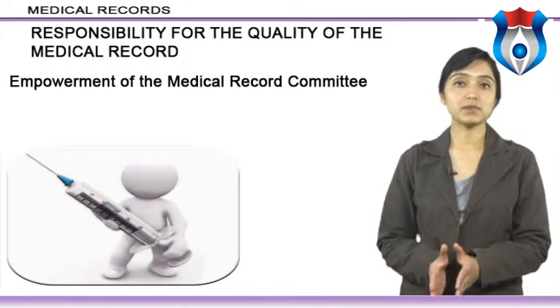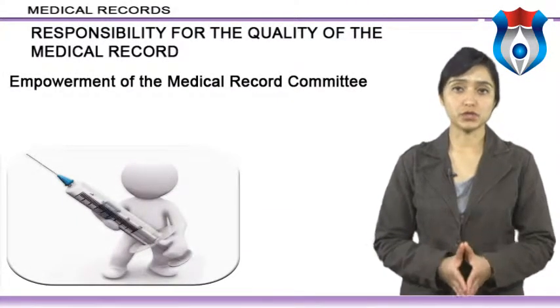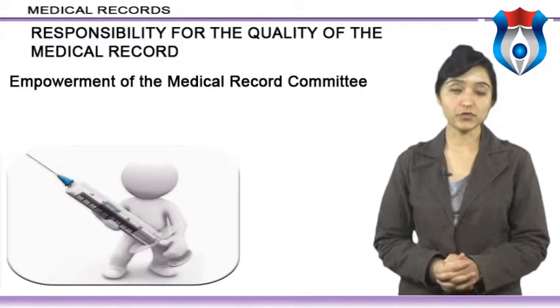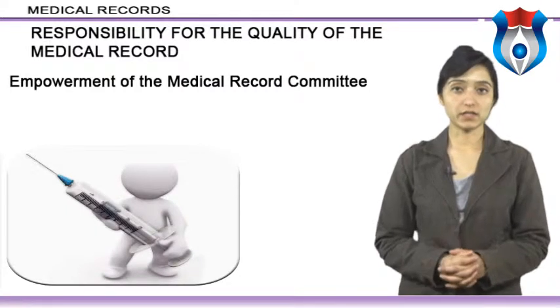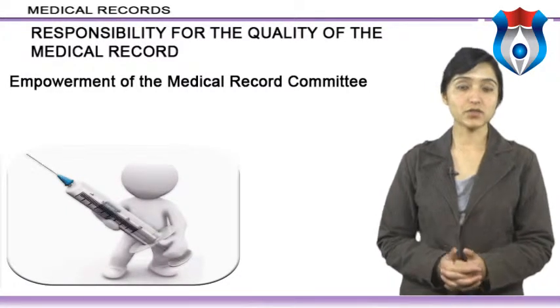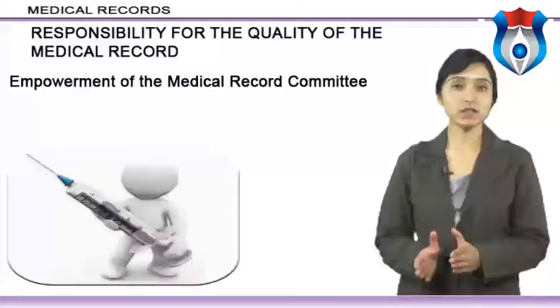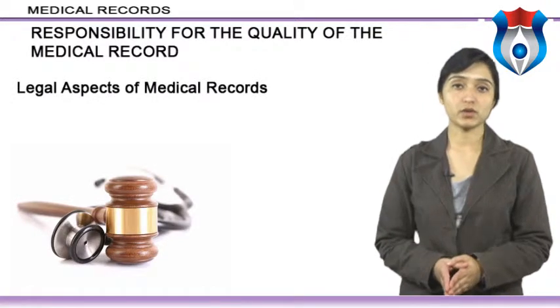Empowerment of the medical record committee. Only with proper rules and regulations which are approved and implemented by the medical staff of the hospital can the medical record committee operate efficiently, ensure the completeness of the medical records, and be self-regulating just like any other routine functional group. Legal aspects of medical records.